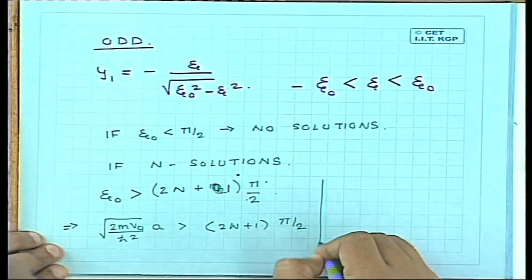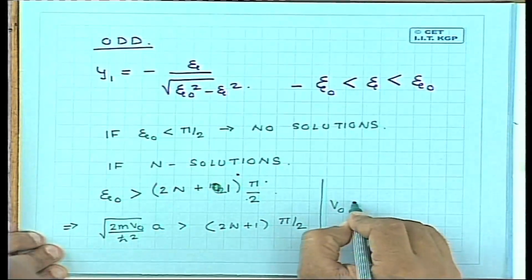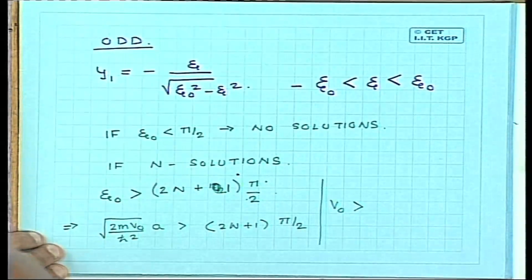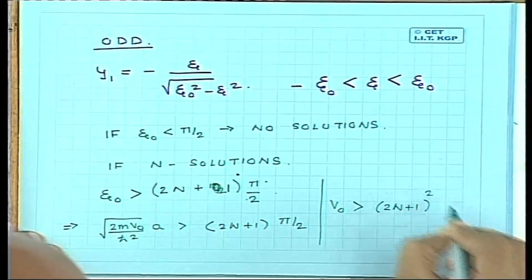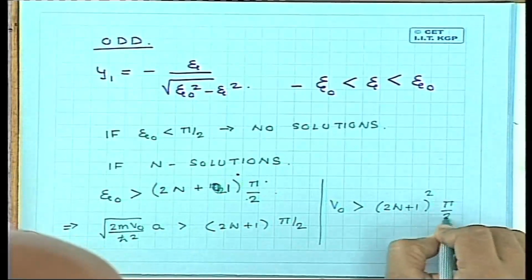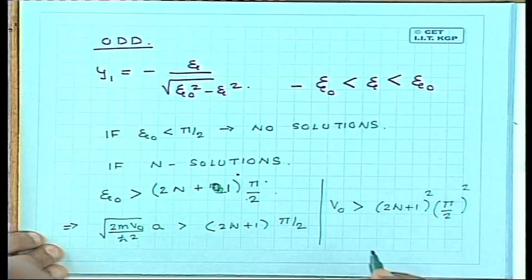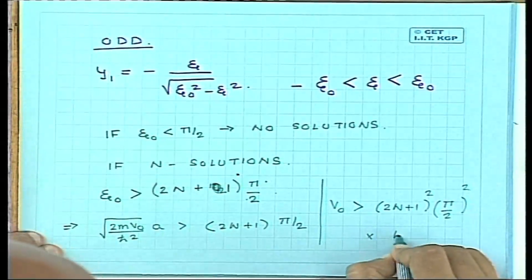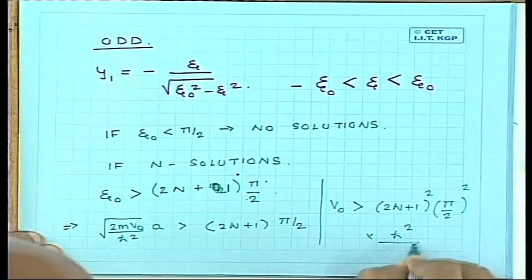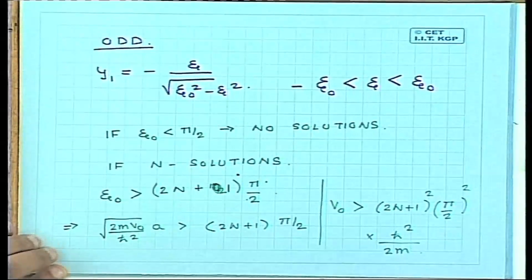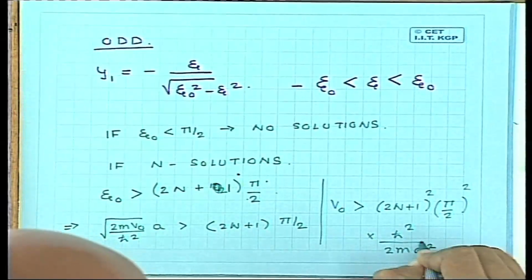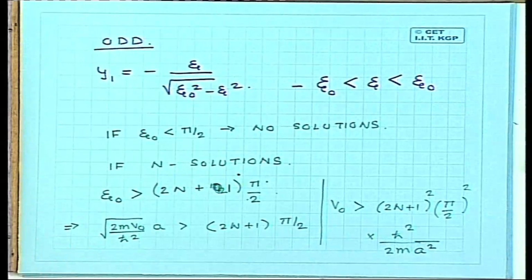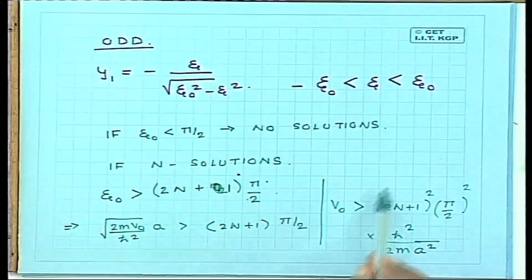or V naught should be greater than 2n plus 1 squared, pi by 2 squared, times h cross square by 2m, times 1 by a squared.